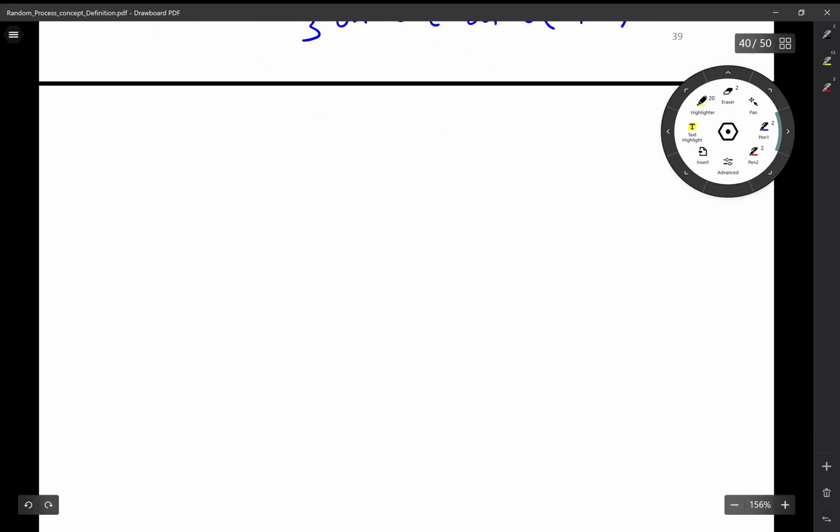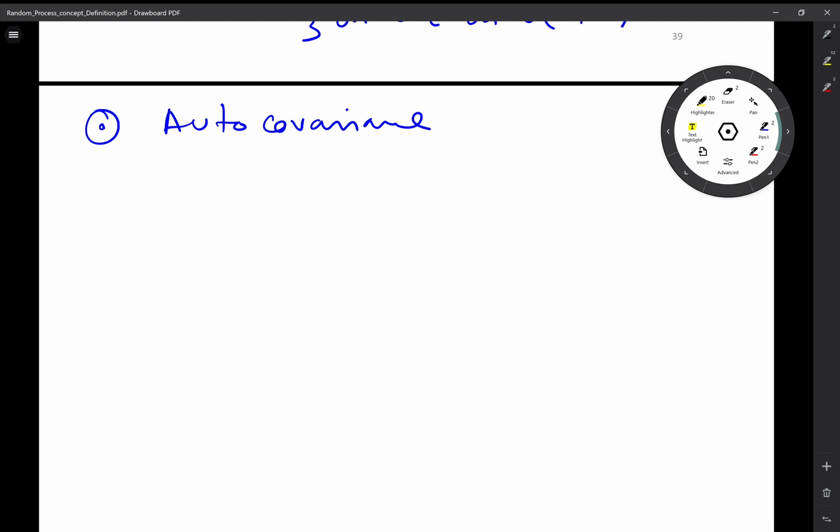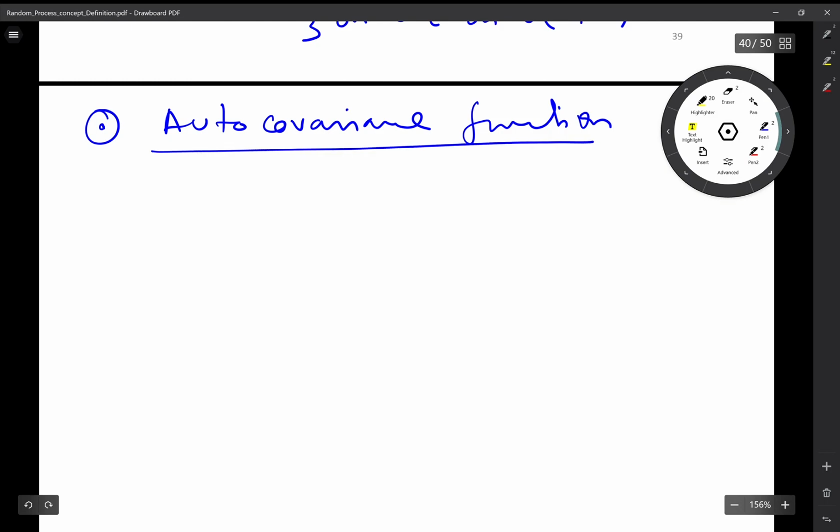Now another thing is remaining, which is the autocovariance function. Again, auto comes because the samples come from the same process. So what is autocovariance?